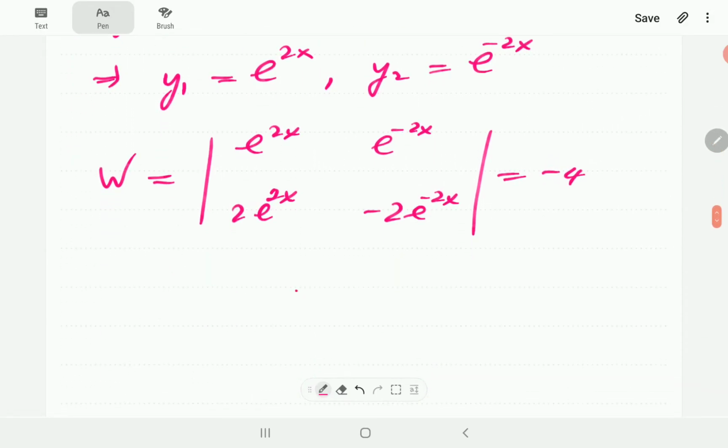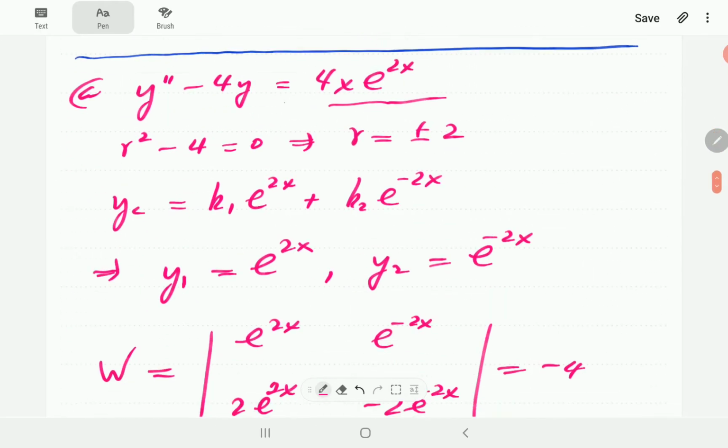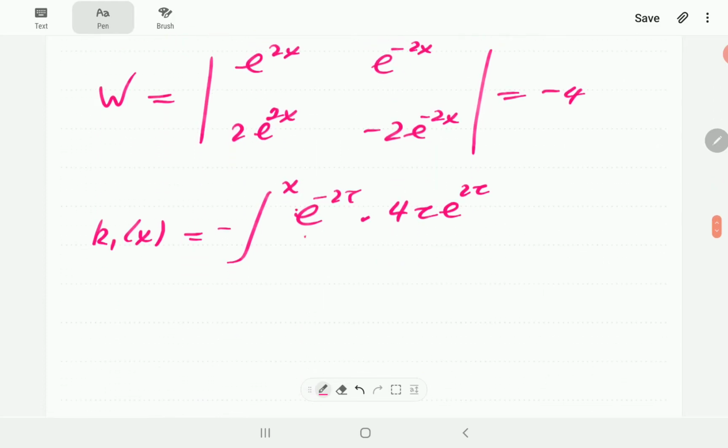So the function k1 is going to be the negative integral of y2, which is e to the minus 2 tau. The non-homogeneous term is 4 tau e to the 2 tau, so that's the term on the right hand side of the equation, and then this is divided by the Wronskian.